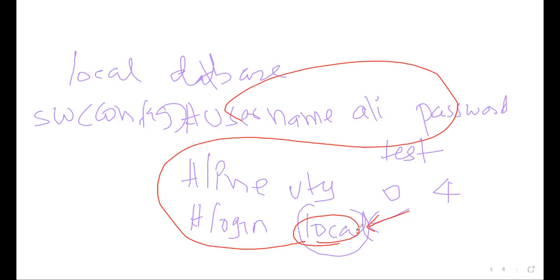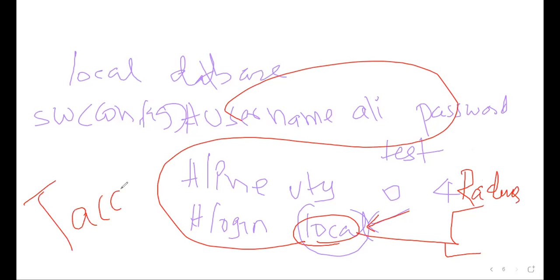Instead of local, we have another option called the external database, which is an external server where all the usernames and passwords can be defined. That server, we call it a RADIUS server or TACACS server, which each company will have as their own external authentication server.